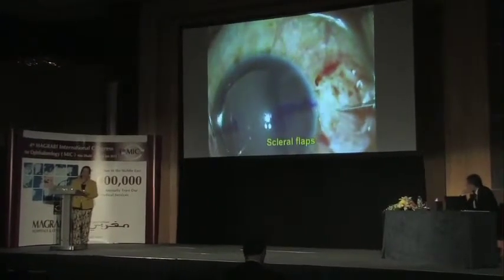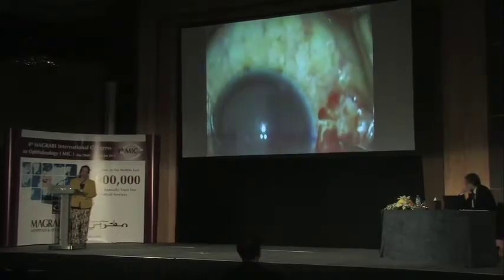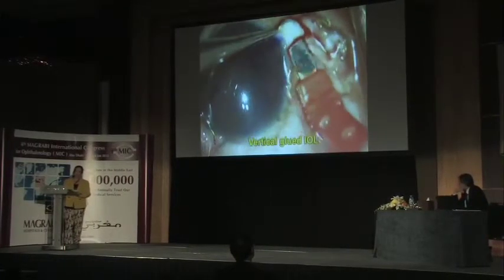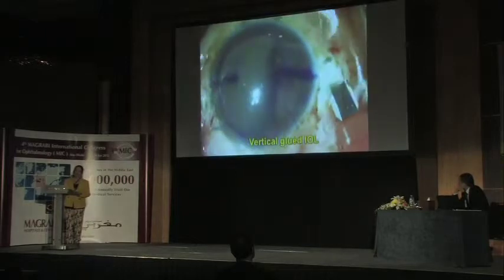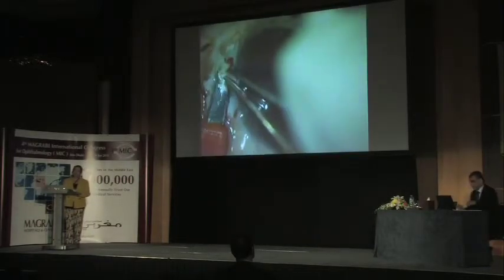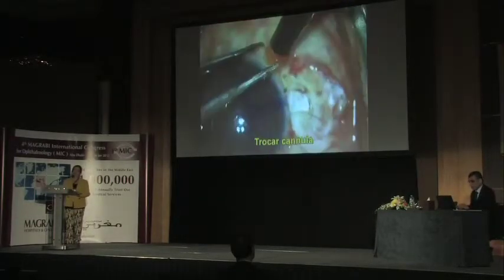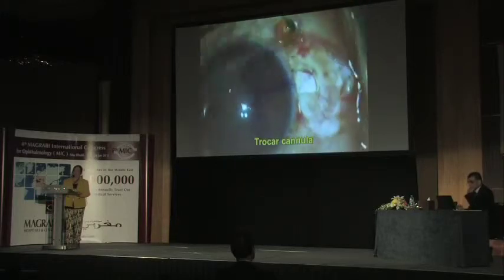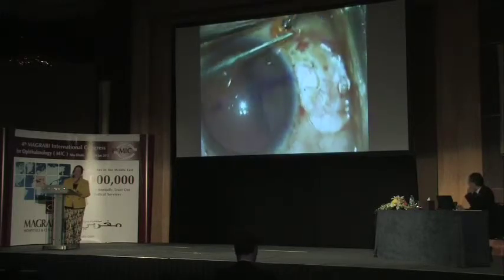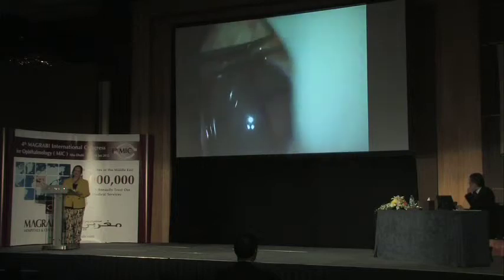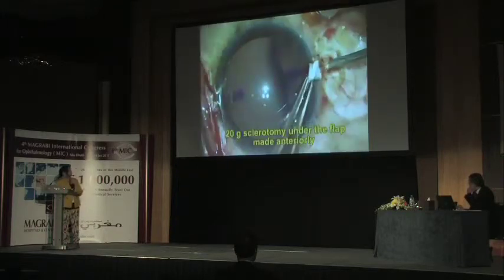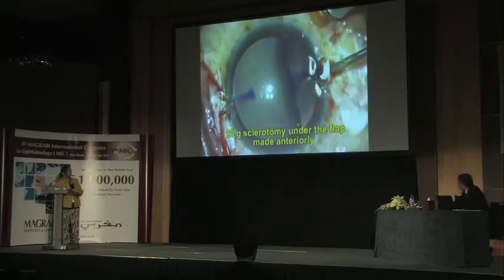This is actually Marfan syndrome, a medical student, and in preparation for doing a glued IOL in this case, we have created flaps 180 degrees apart. If your horizontal diameter is more than 11 mm, you can think of doing a vertical glued IOL. In this case, that's what we are doing.